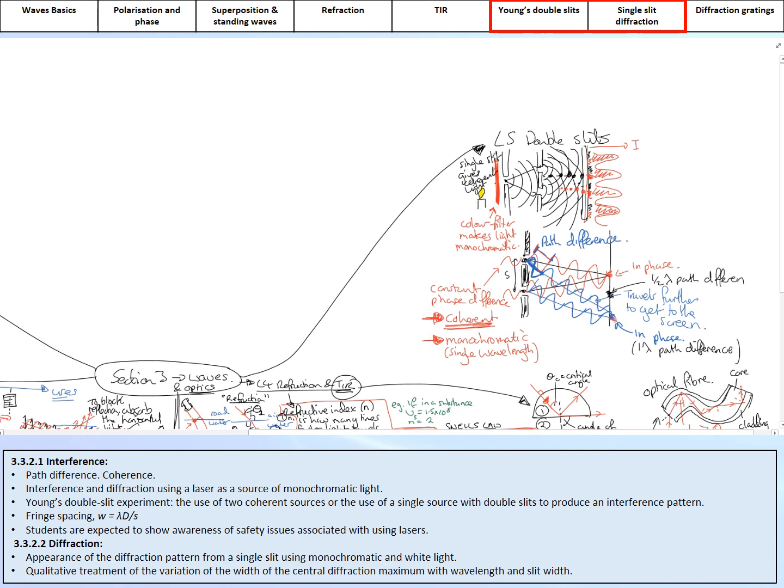Now you can also get path difference. To get constructive interference, they could have no path difference. So in the centre, path difference is 0.